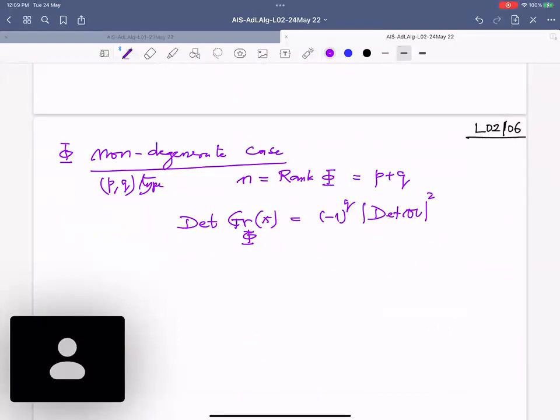And therefore, if I want to know the signature of this determinant, see, this is a real number. So sign means positive or negative. Signature of the determinant of the Gram matrix of phi on X will be equal to -1 power q.